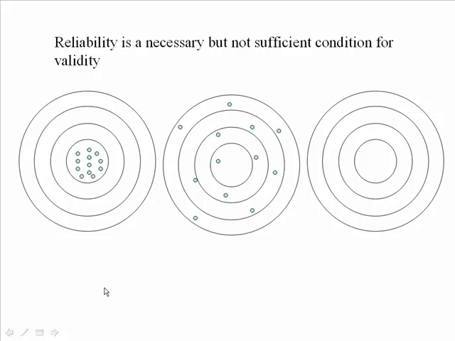In our third example, we have a situation where, once again, the results pattern shows a clustering, and therefore we have a certain level of reliability, but because the items are not on target, we really don't have a high level of accuracy. So again, when you look at the three different illustrations, you can begin to see the underlying relationship between reliability and validity.